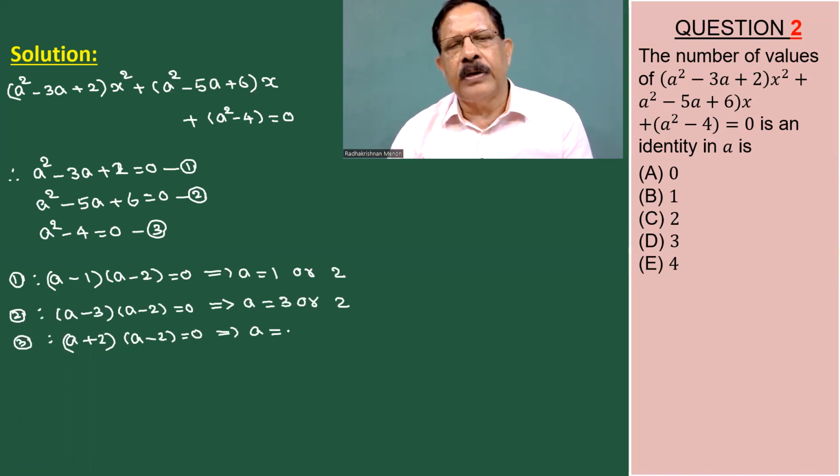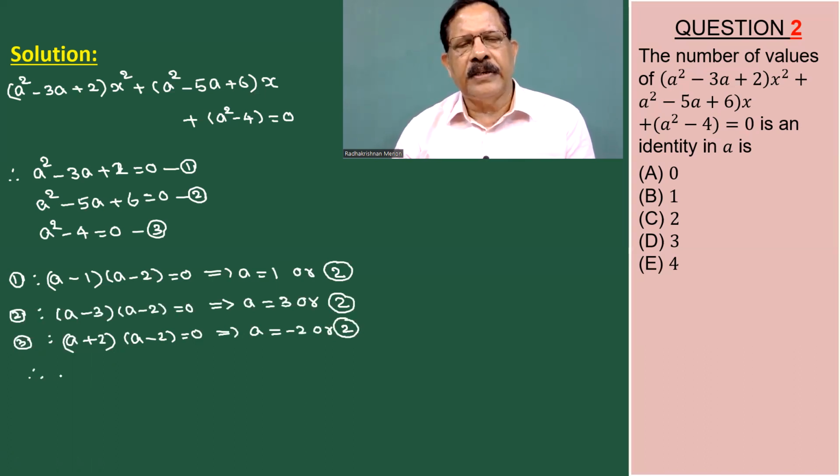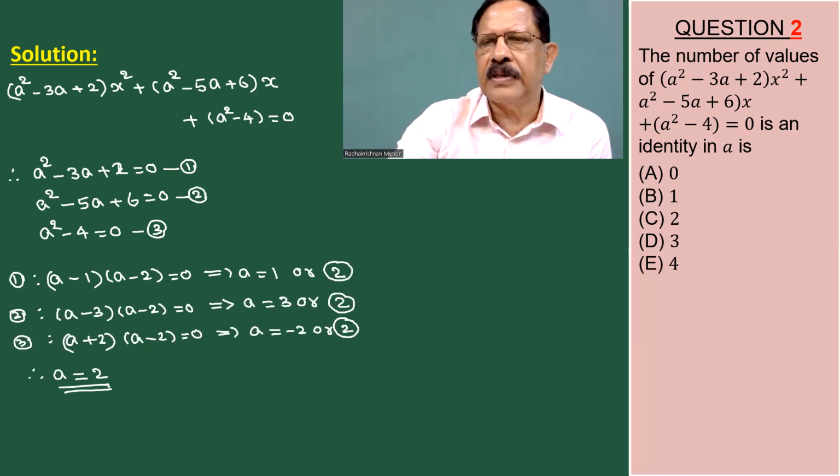So a equal to minus 2 or 2. Now, all the equations are being satisfied by a is equal to 2. So when a is equal to 2, the given equation is an identity. So answer for that question is option C.